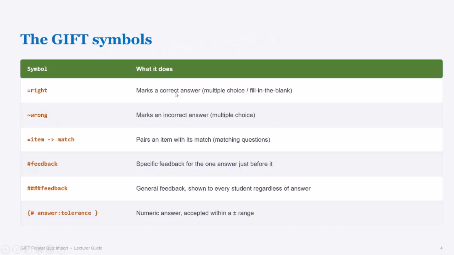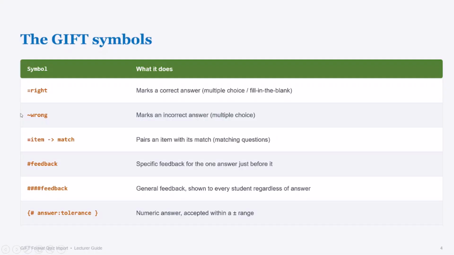Then if you have to indicate the correct answer, for example, in a multiple choice where you have several options and you want to indicate the correct answer, you usually use the equals sign. So the equal sign indicates which is the correct answer, and the tilde sign, which looks like this, indicates the wrong answer.